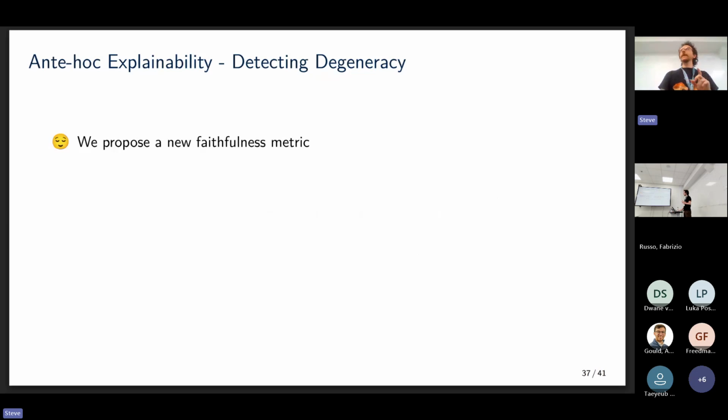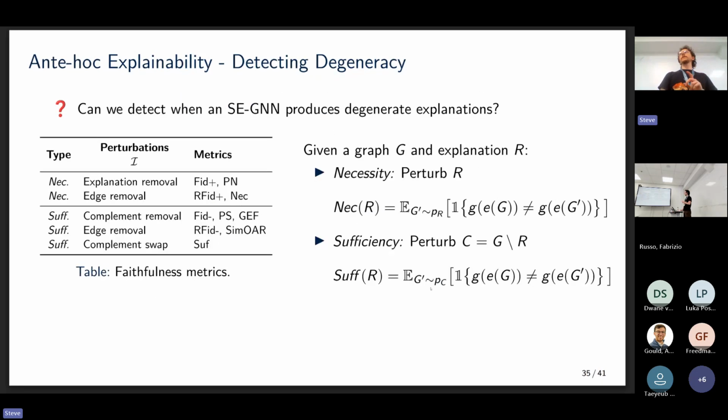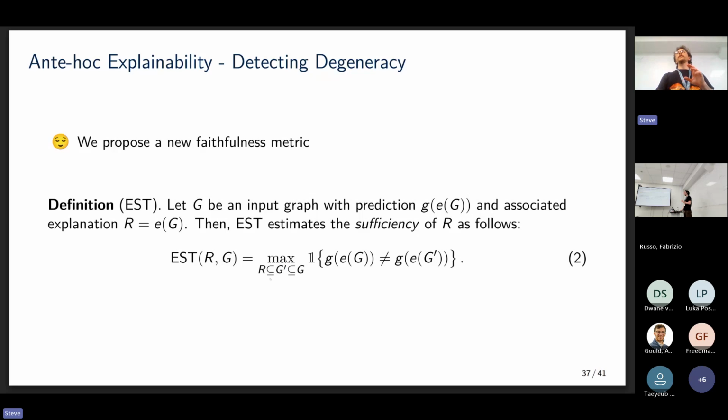Let me remind you, the way that the previous metrics were working is that they sample a perturbed graph from a user-defined distribution over perturbations, and then they take the average over perturbations. Instead here, we are imposing a very specific structure: we aim to test every possible extension of the explanation within the graph.